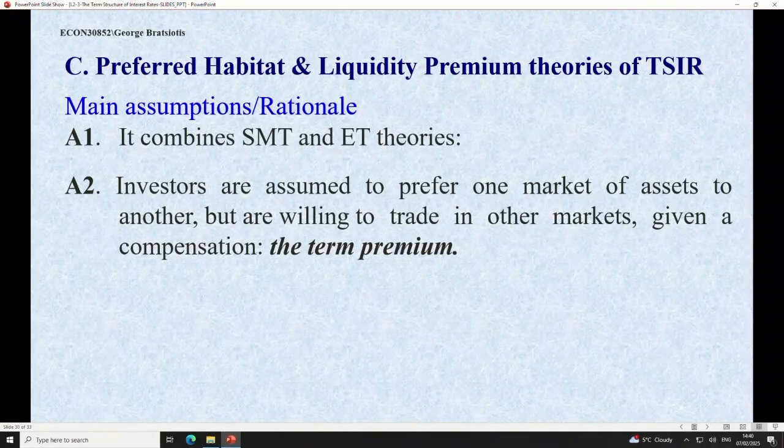You've got preferences for the location of the market, but you're happy to move to a different market that you don't prefer if you give me a higher premium, a higher rate, to account for that risk. But then it became liquidity premium theory, which is how we know it today, because the theory switches to the idea of liquidity instead of locality, because really, locality and liquidity are the same thing here.